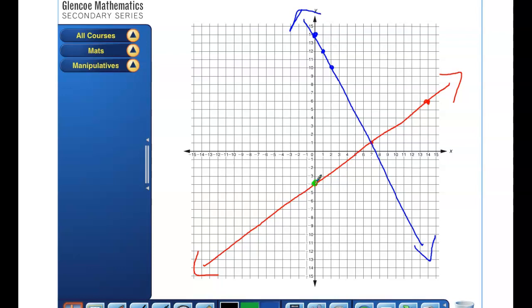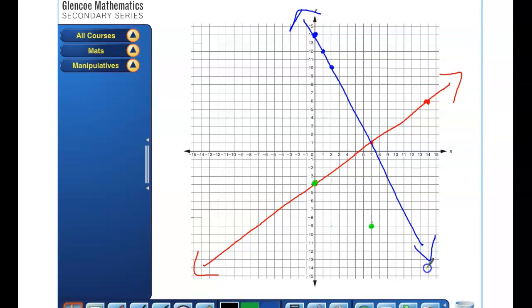So am I going to go up or down? Down 5. I go down 5 and then over 7 to the right. 1, 2, 3, 4, 5, 6, 7. Yep, right there. So you should have a point at 7, -9, and again I go down 5 and over 7.